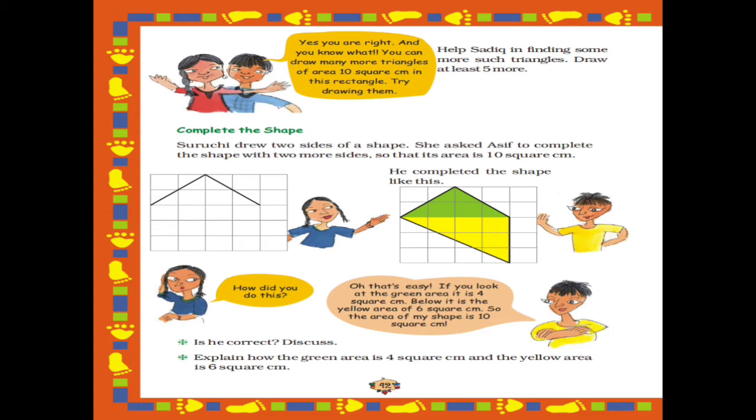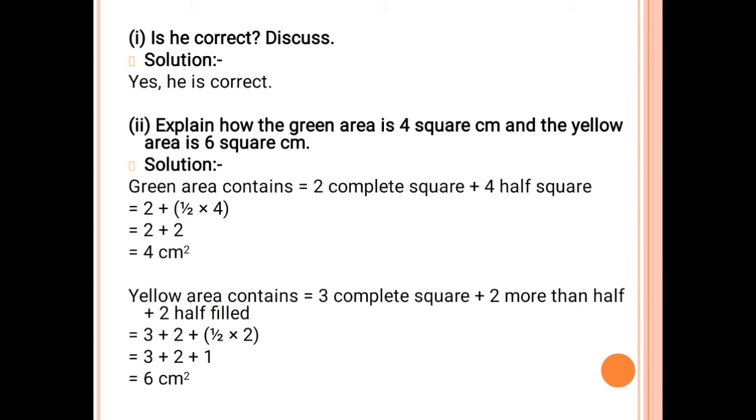Let's first see the green area. Let's count the complete squares and the half squares. In the green area you can find 1 and 2, 2 complete squares, right? And let's count the half filled squares. They are 1, 2, 3 and 4. So total 4 half squares. How will we do the calculation? The green area contains 2 complete squares and 4 half squares. So you will write 2 plus, in brackets, 1 by 2 into 4.